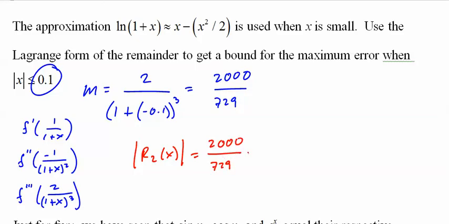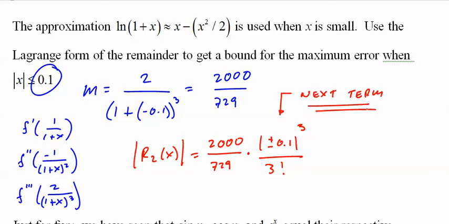Times plus or minus 0.1 to the third over 3 factorial. This is the next term. All right, and that is going to be less than 4.6 times 10 to the negative fourth. Now, I don't get it.